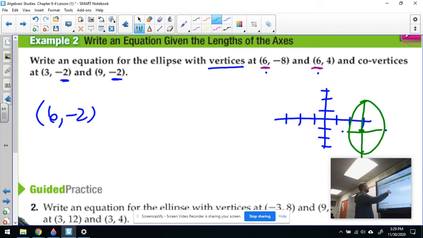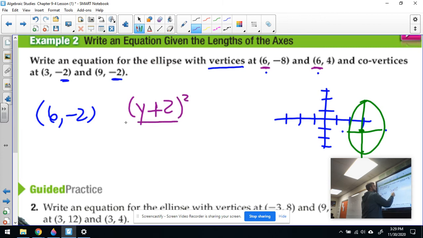Okay? So if we know those things, and we know that this is vertical, it means y comes first. So I'm going to do y minus k, which in our case is -2, squared over a squared. What is the distance from -8 down here to 4?